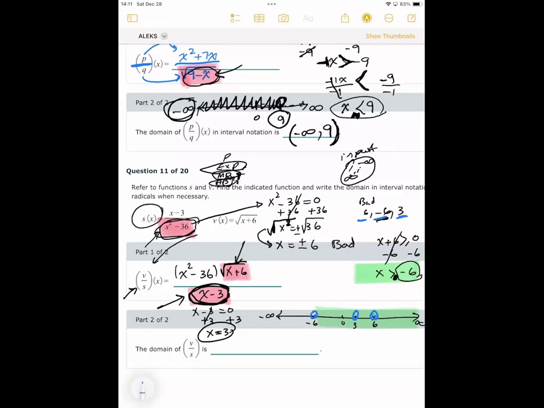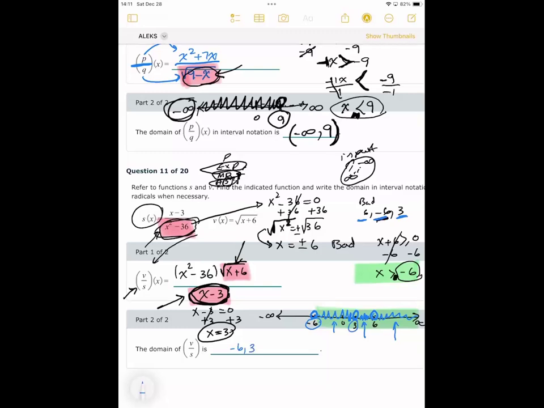Put another hole here. So now the domain, or the numbers for input, are these guys and these guys. So it broke the interval into 3. You have this interval, you have the middle one, and then you have the last piece. You start from left, negative 6, comma, positive 3.